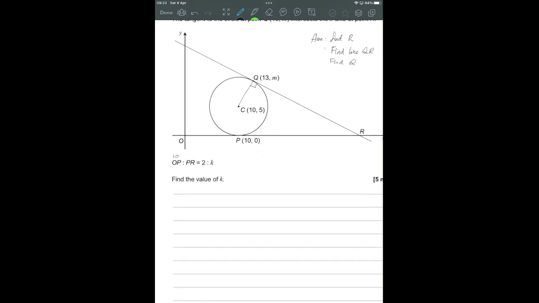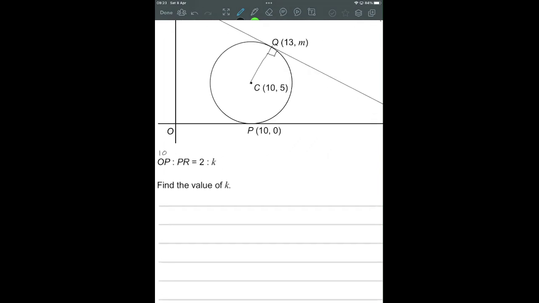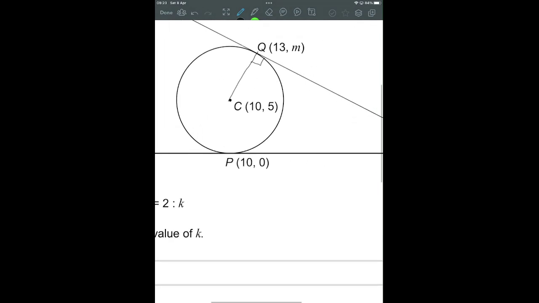Well, what do we know about this circle? We know from this part here that the radius is 5. We'll get rid of that right angle for now. A little sneaky trick, let's put another triangle in. We have the x coordinates for both, so we notice that the change in x is 3.